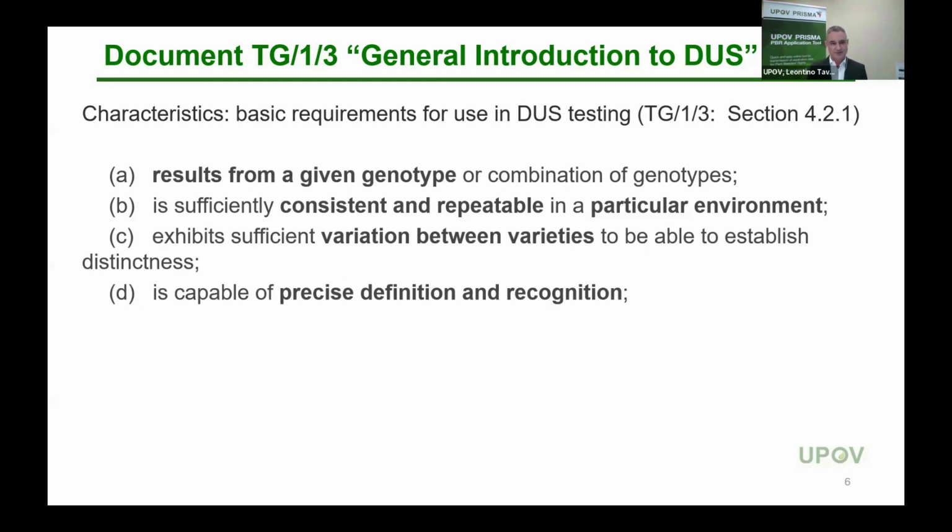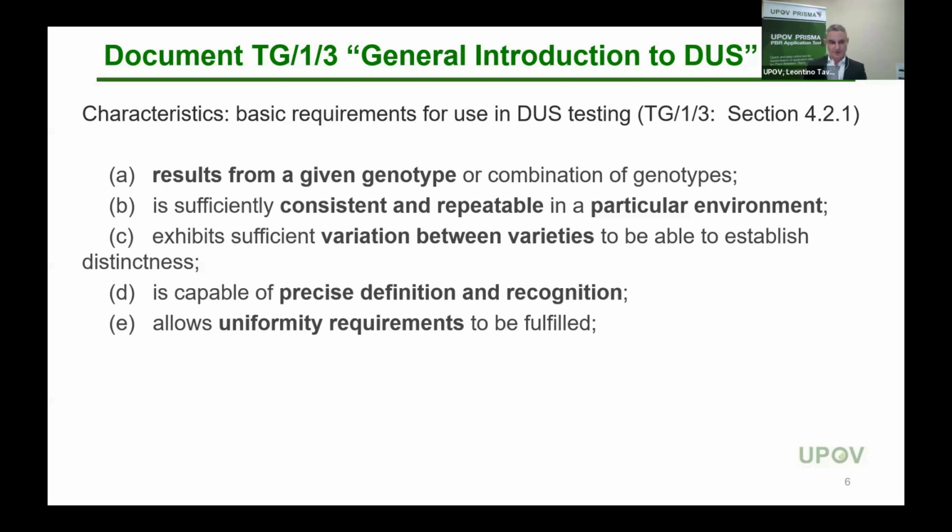A DUS characteristic should be capable of being precisely defined and recognized. And this may be particularly relevant for image analysis, where you should be able to clearly explain what is the characteristic and define it as well.